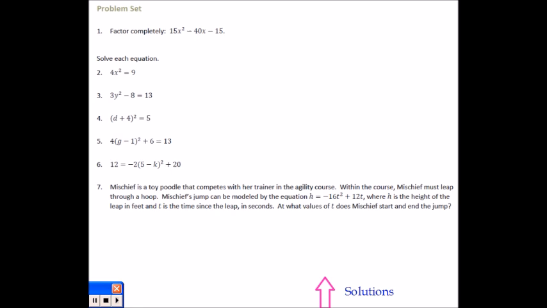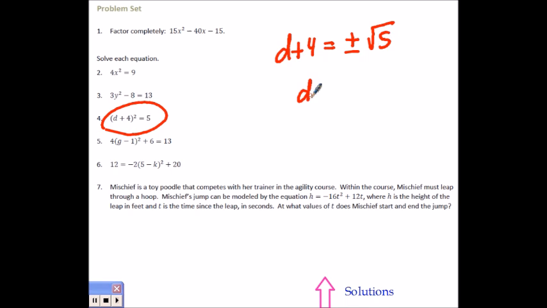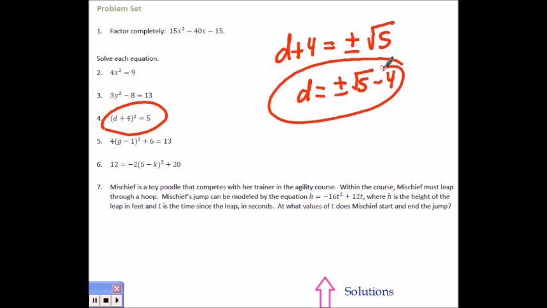Number 4 is (d + 4) squared. Oh wait, let's see, we're going to get rid of the square first. Take the square root of both sides, we'll get d plus 4 equals the positive and negative square root of 5. Then I will subtract 4 from both sides and get d equals positive and negative square root of 5 minus 4, which are my two solutions.